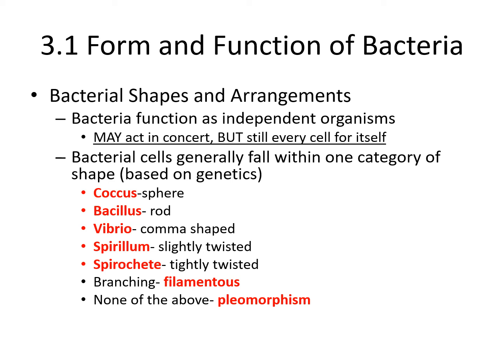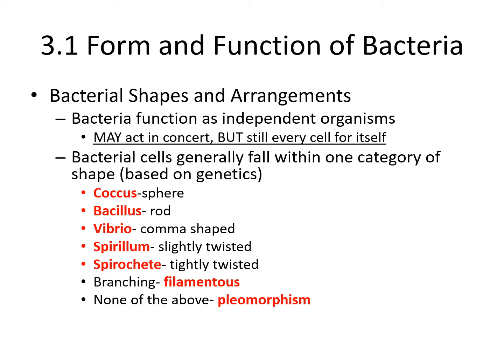Vibrio, yeah, there's actually bacteria that are comma shaped. H. pylori. Can't talk tonight. Not enough caffeine. H. pylori, Helicobacter pylori. Grows in your stomach. Causes ulcers. Shaped like a comma.